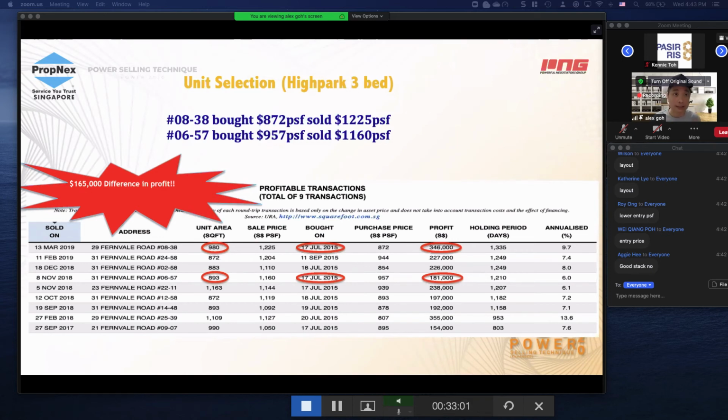Okay, now this is the basic thing. So now, Mr. Buyer, people who buy 3-bed compact, the small 3-bedroom, majority are own stay or investors.